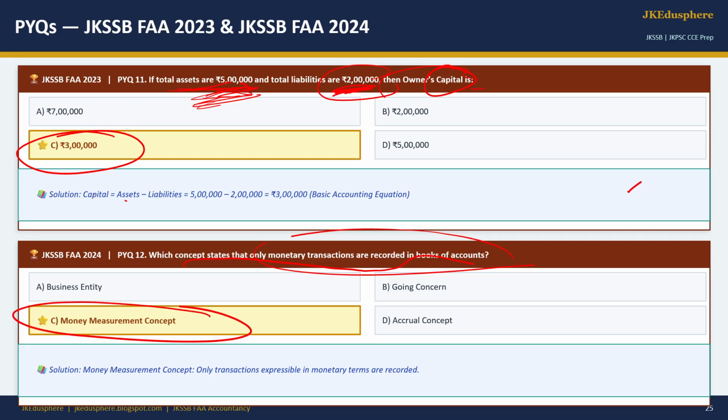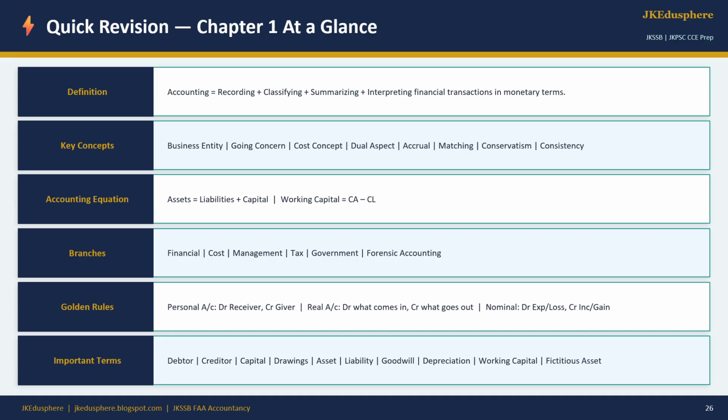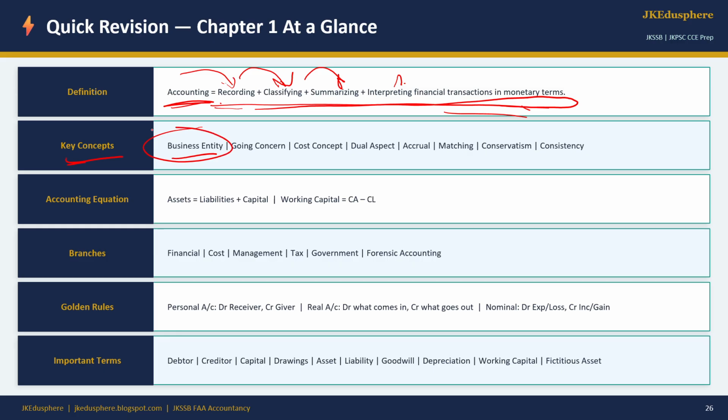The next is which concept says that only monetary transactions are recorded: the money measurement concept, as we have seen. Some revision: accounting involves recording, classifying, summarizing, interpreting. These are the parts of accounting. Business entity concept: the business is different and the owner is different.